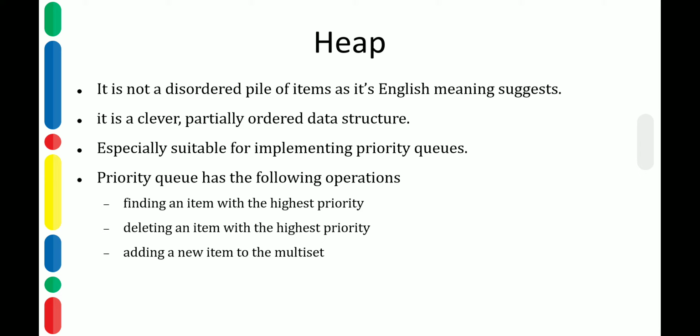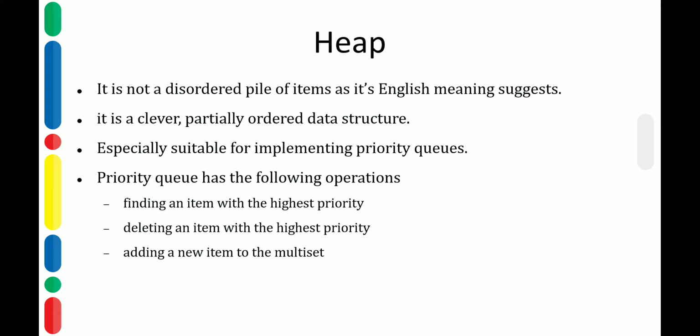There is some kind of an ordering with regard to the elements stored in this data structure. That's why we call it a partially ordered data structure. And it is a clever data structure that you can use to solve several problems.